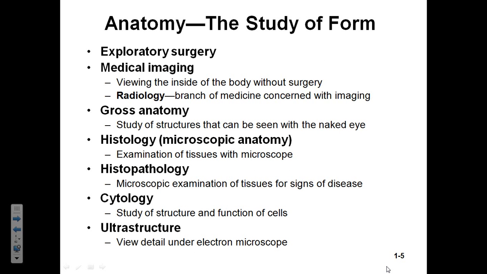All right. Medical imaging. When you hear the term medical imaging, what do you think about? X-rays. All right. And what other things do we do other than just a regular X-ray? What are some other medical imaging? CAT scan, MRIs, all right, PET scans, all right, they can do. So gross anatomy, things you can see with the naked eye.